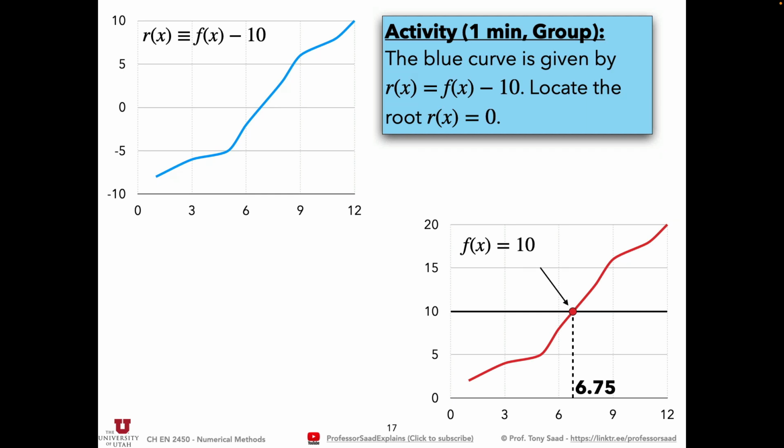Okay, so what's the root? 6.75. There's no difference between f of x equal 10 and f of x minus 10 equals 0. We just rearrange terms. We just move everything from the right-hand side to the left-hand side. Agreed? So look at it. It's the same root. Exactly the same root.